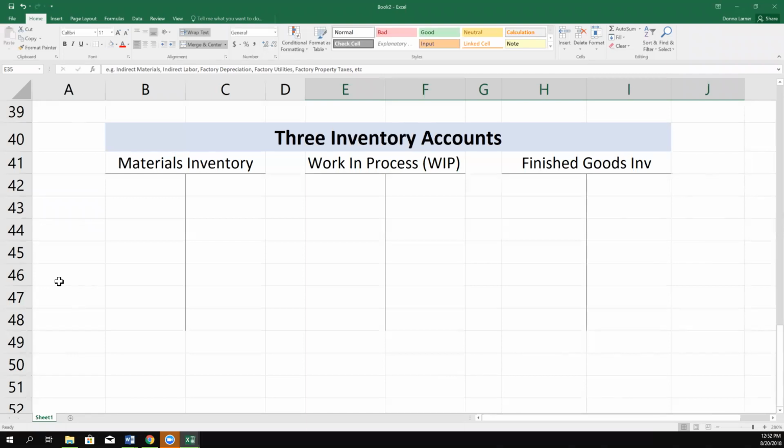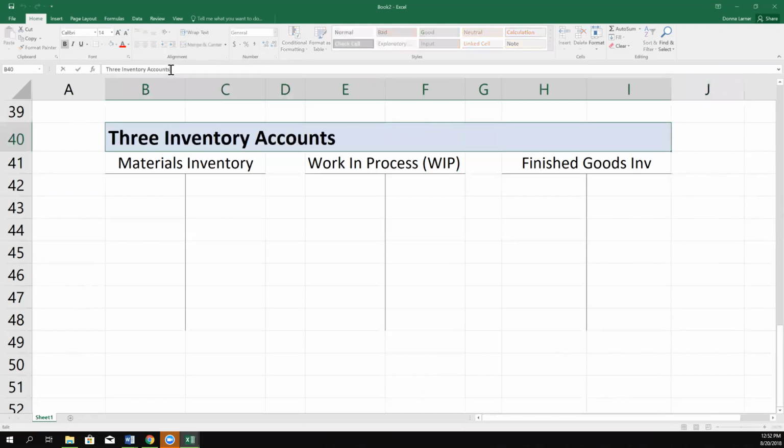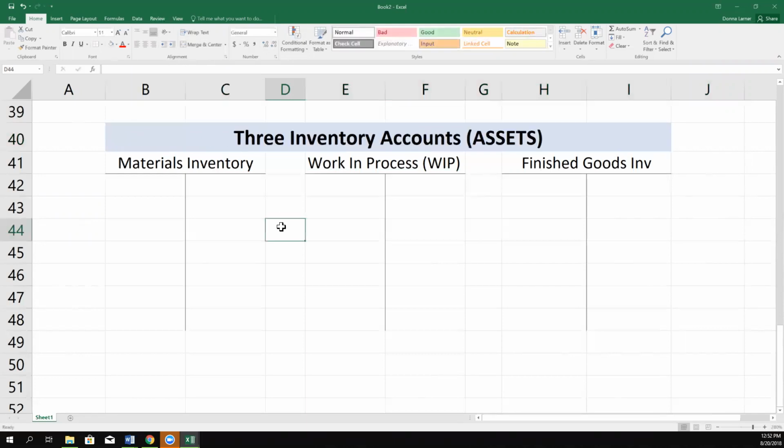So you learned how to deal with this inventory account. Manufacturers are a little more complicated. They have 3 inventory accounts. Remember, inventory accounts are all assets, so let's stick that in there. They're all assets because that's what an inventory account is. It's stuff that we own, but we own it in 3 forms.